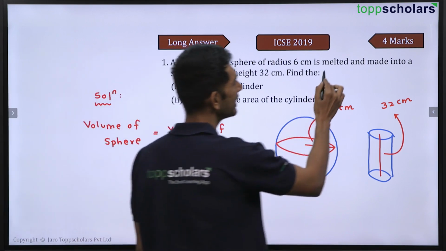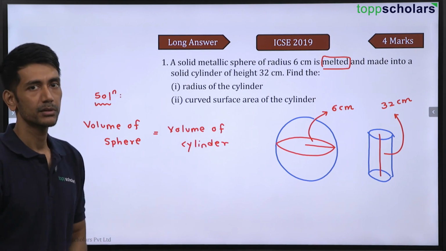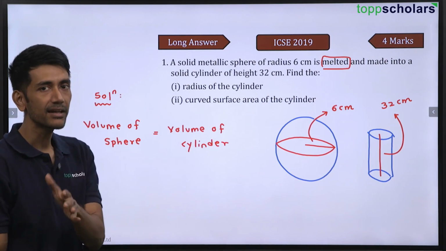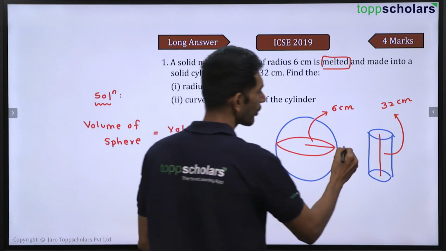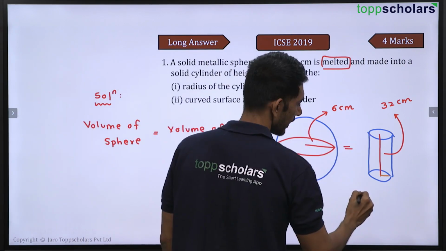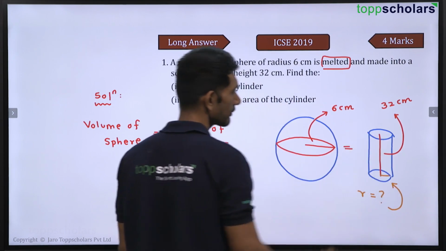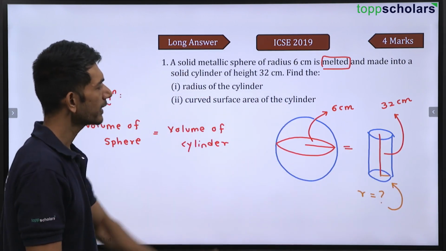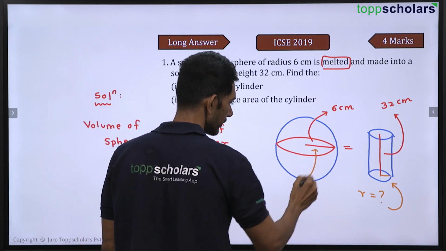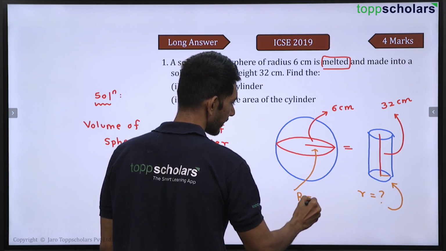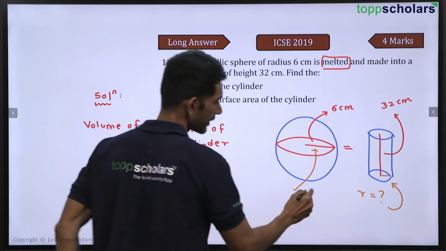Whenever they say melted, basically they are talking about volume. Always remember. Whenever they say melted and recasted, they are talking about 2 volumes, and the 2 volumes are always equal. Small r as the radius of this particular cylinder, and capital R as the radius of the solid sphere, which is 6 centimeter.